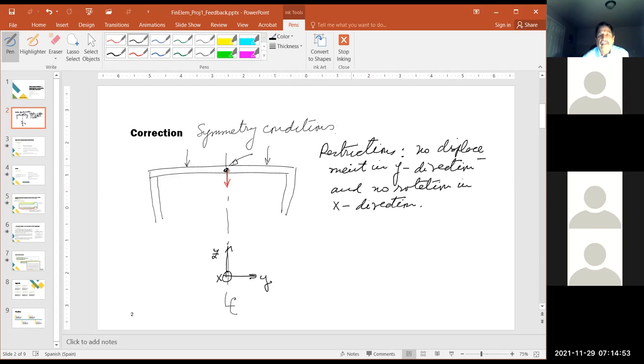These are the correct restrictions. In our project, what I did was I simplified your calculations, and I asked you to consider this point as a clamped end. I think this is correct, okay?